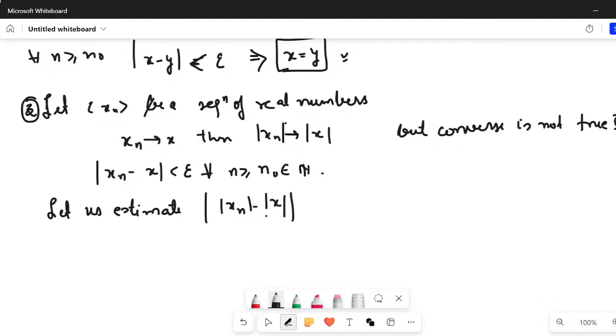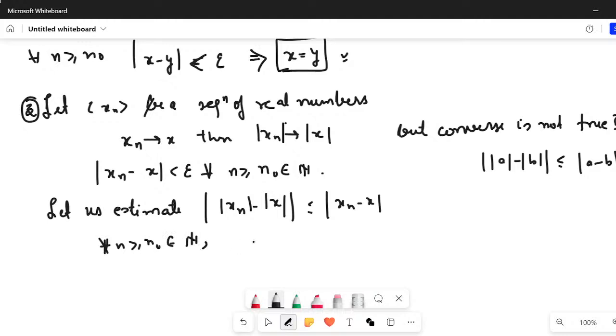If I want to estimate this distance, from the triangle inequality I know that modulus of A minus modulus of B is always less than equal to mod of A minus B. So this will be less than equal to mod of xn minus x, and for all n greater than equal to n naught, I know that mod of xn minus x can be made less than epsilon, because I know that the limit of this sequence xn is x.